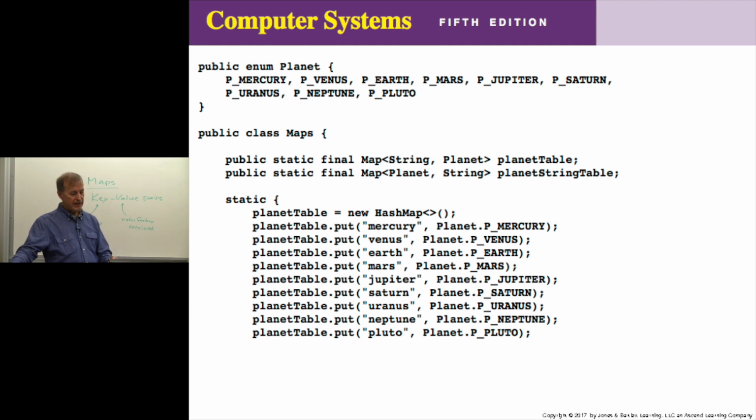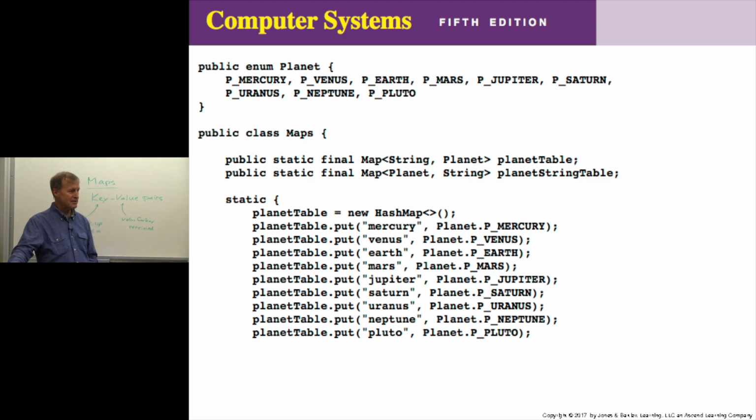So you see planet table dot put and then Mercury. Now how did we capitalize the keys? All lowercase. And so you see Mercury is the string key that goes with the enum value planet.p_Mercury and so on for the rest of the planets.